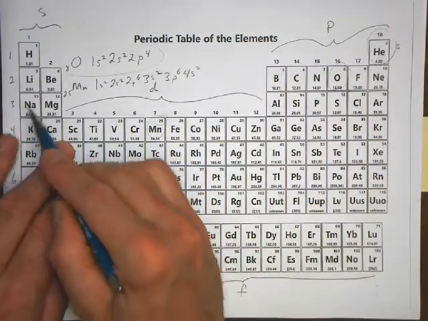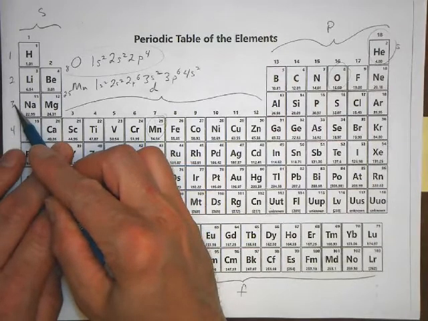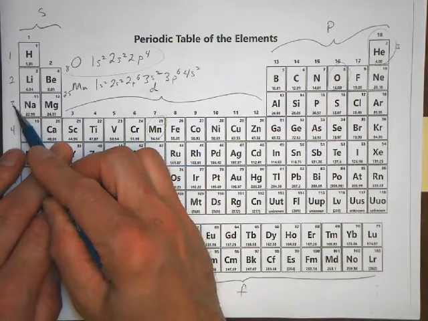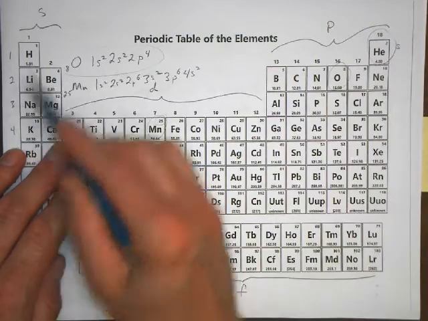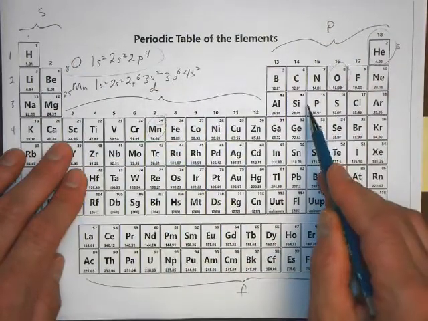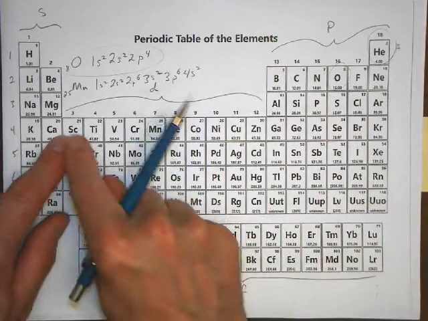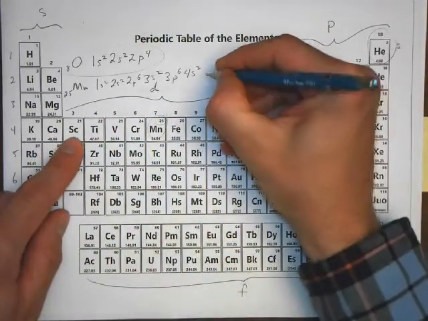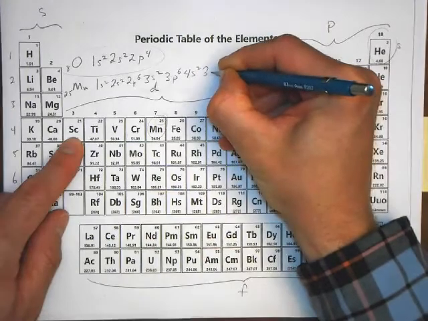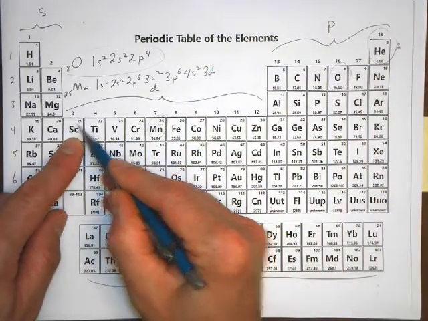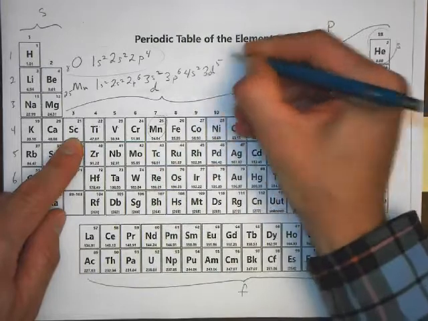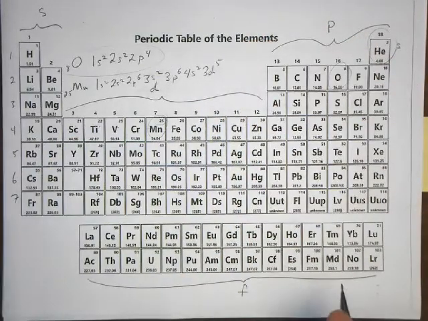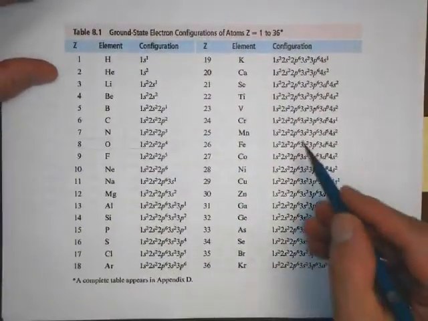If you recall, the principal quantum number 3 can have s orbitals, p orbitals, and d orbitals. And so the d orbitals start to fill with this first row of the transition metals. So this would be 3d, and we're going to count over 1, 2, 3, 4, 5, which would be the electronic configuration of manganese.